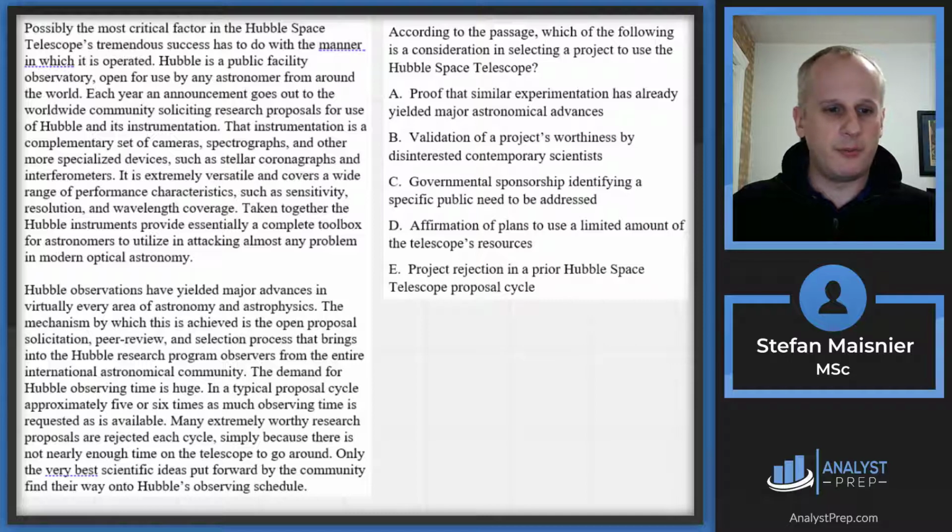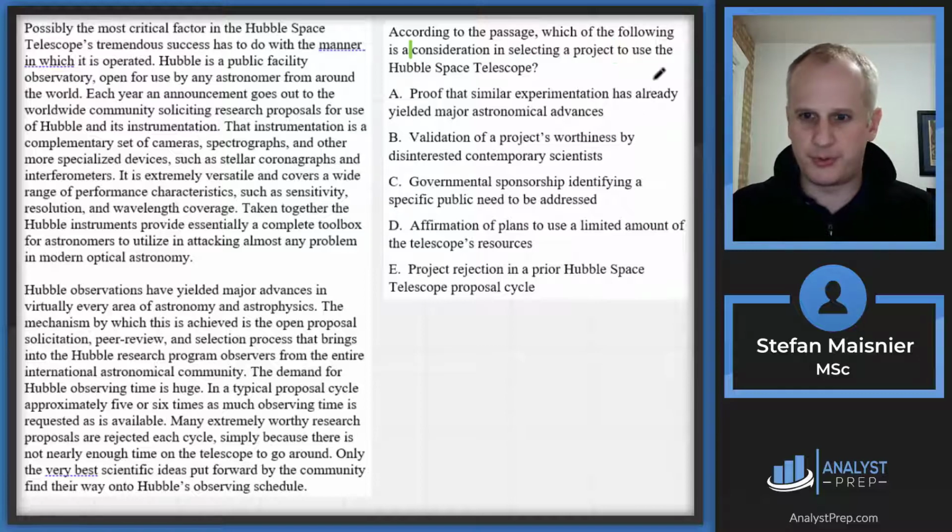Now, here we can see that we're being asked, according to the passage, which of the following is a consideration in selecting a project to use the Hubble Space Telescope? So we want to seek this key phrase or term of consideration in selecting a project.